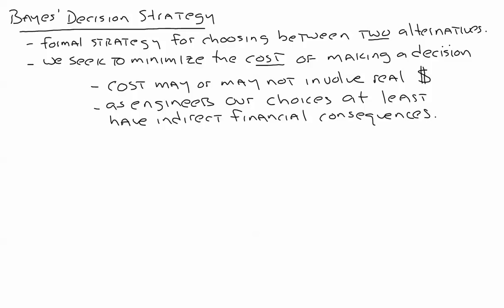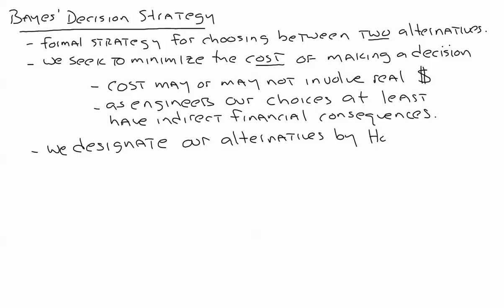All right. We are going to designate our two possible alternatives in the following manner. We will designate our alternatives by capital H sub 0 and capital H sub 1. And we'll then define four costs as follows.